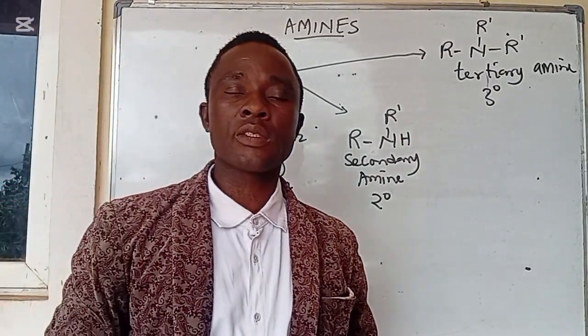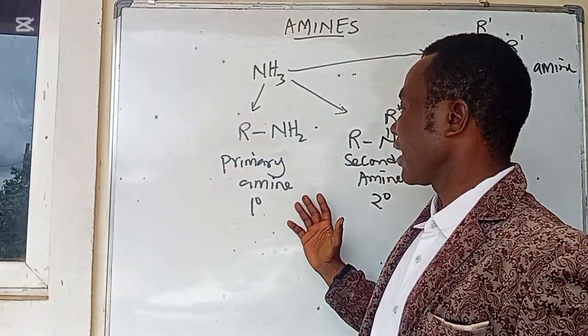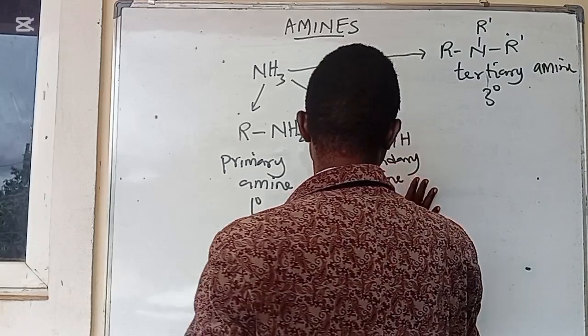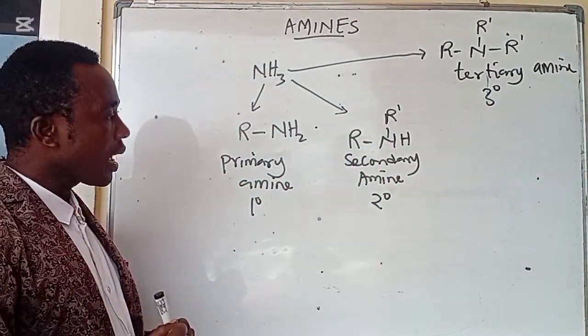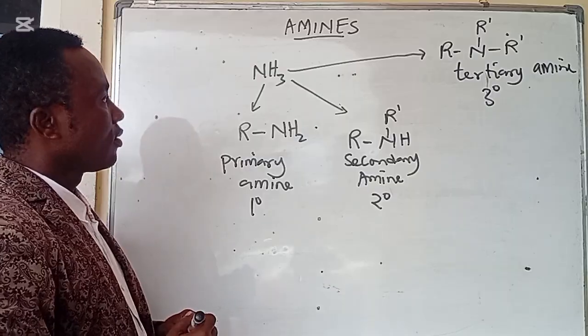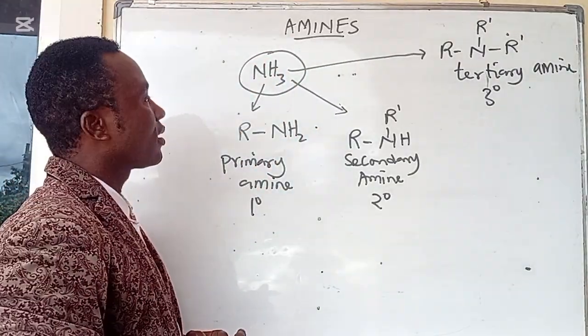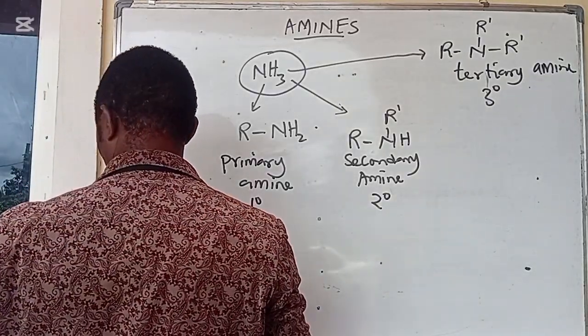That is to say that we can classify amines into three: primary amines, secondary amines, and tertiary amines. Okay, so amines are seen as derivatives of ammonia when ammonia hydrogen is replaced by an alkyl group.